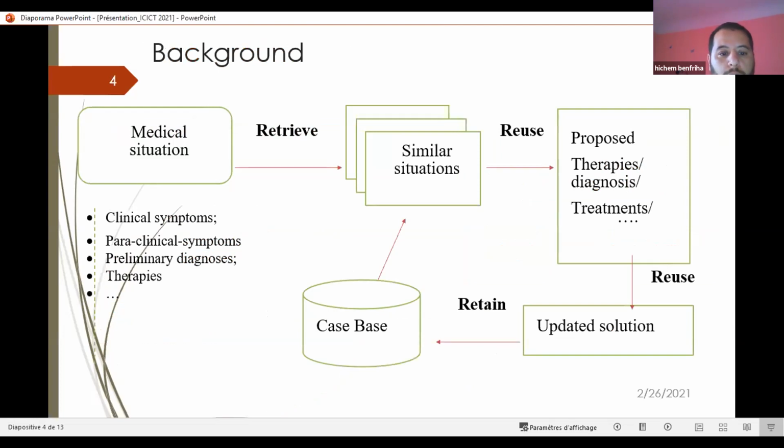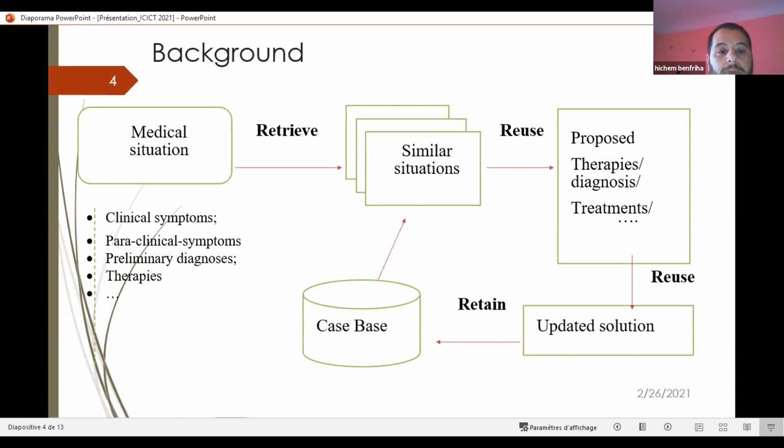Medical case-based reasoning is an intelligent approach applied in medical diagnosis, prescription, and treatment to assist doctors in their decision making. A benefit of using CBR in the medical situation is the ability to simulate the doctor's thinking procedure: I have seen a patient like this, and it provides past cases that may be suitable for the current case.